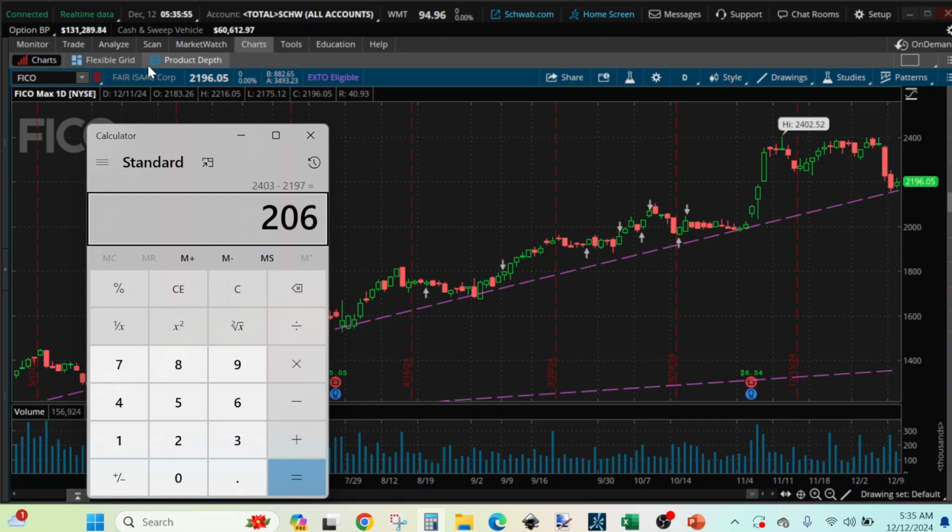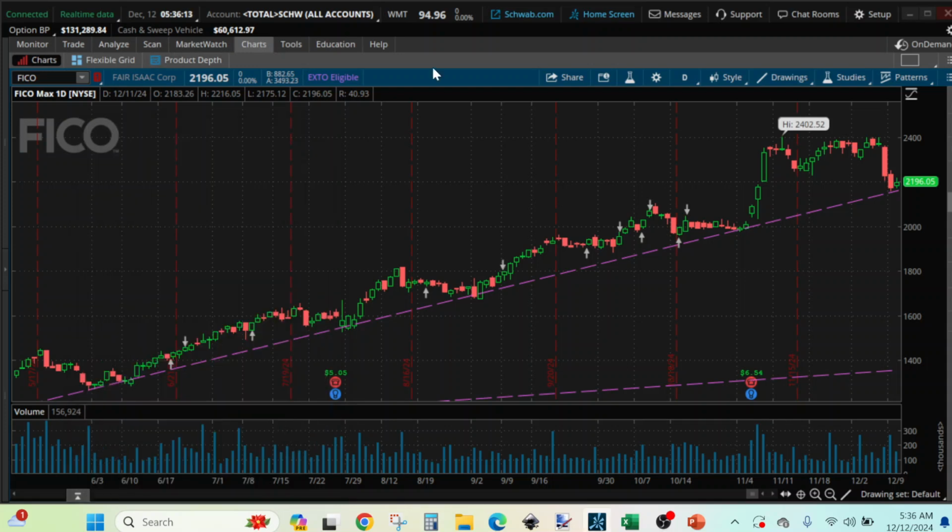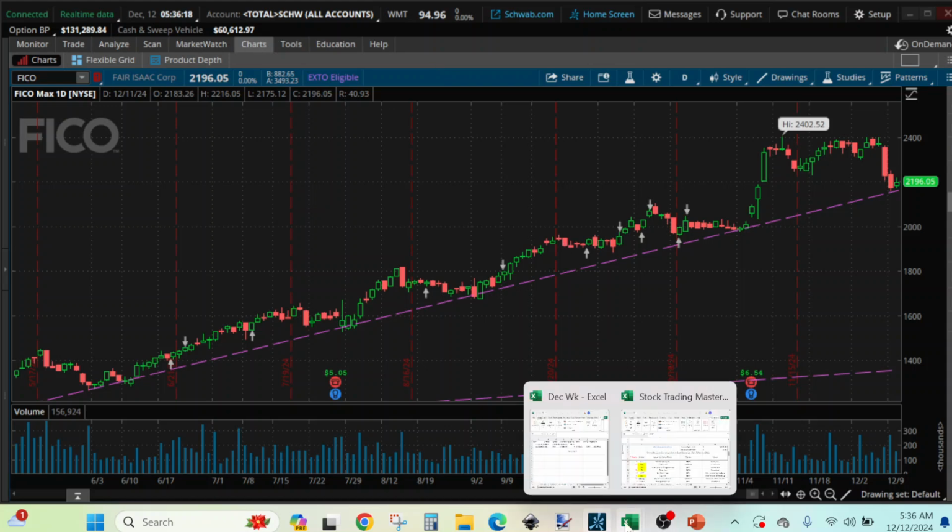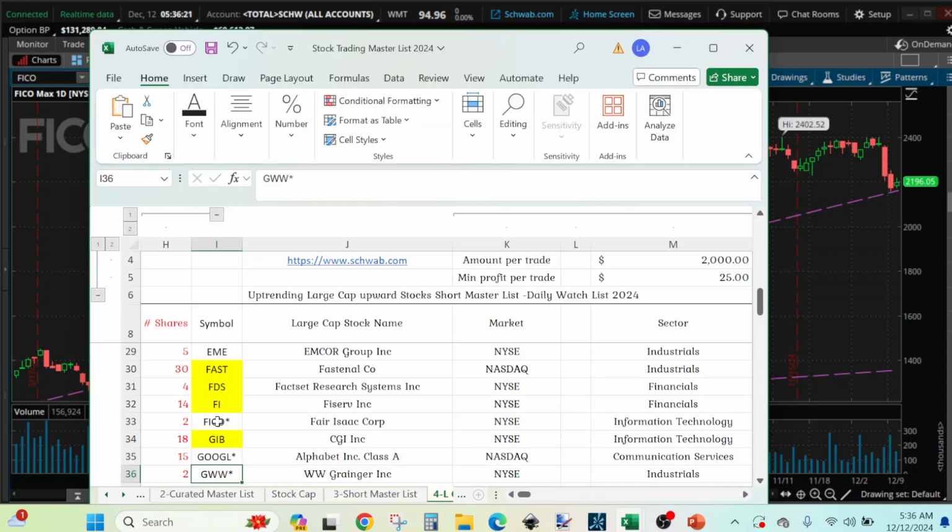To make 500 profit, we just need 2 shares or 3. So divided by 206, 3 shares. So 3 times 2197, that's 6,000. Okay. Anyway, we can buy and see what happens, right?